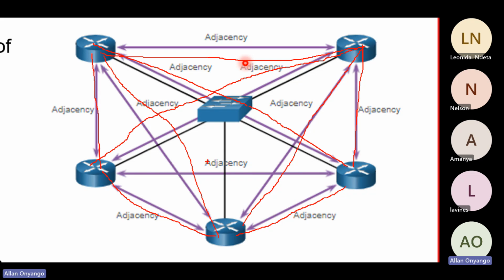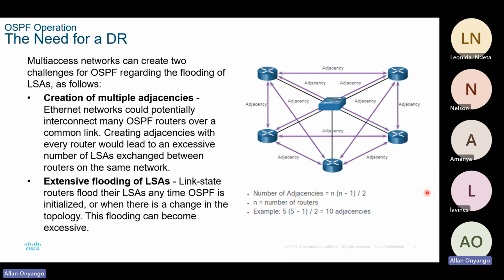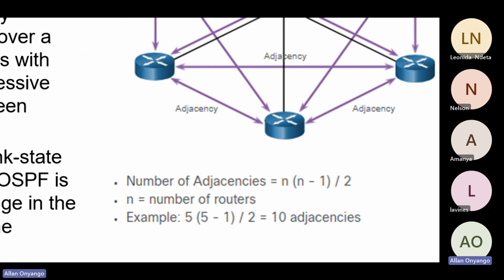So to explain the number of relations, we call them adjacencies. How do we know the number of adjacencies given a certain number of routers? If someone tells you to calculate the number of adjacencies, it's a very simple formula: n into n minus 1, and everything divided by 2.